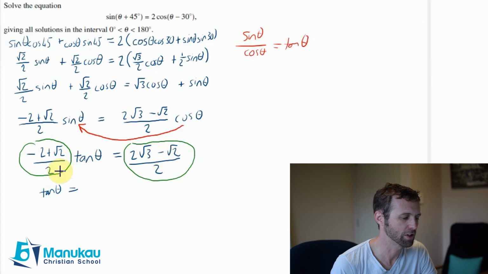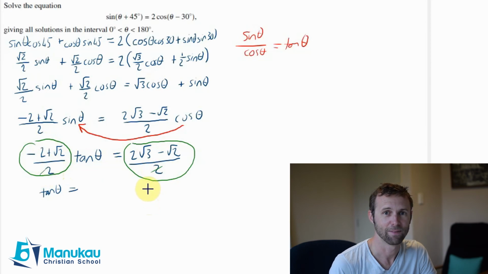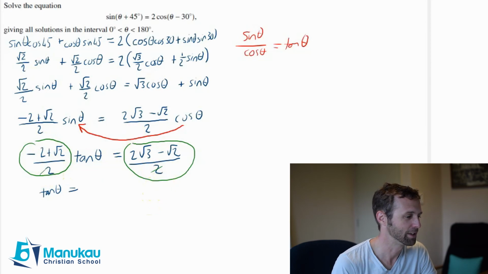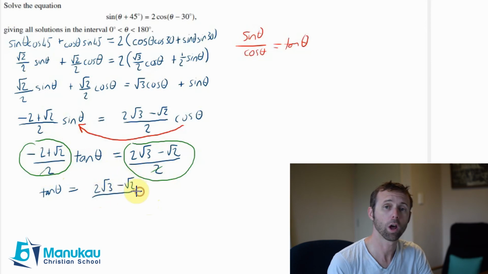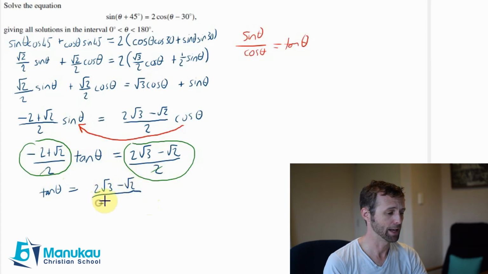And when we go this divided by this, you can see that those are going to cancel out, because when you divide a fraction, you're multiplying by its reciprocal. So what we'll in actual fact get is 2 square root 3 minus square root 2 all over minus 2 plus the square root of 2.